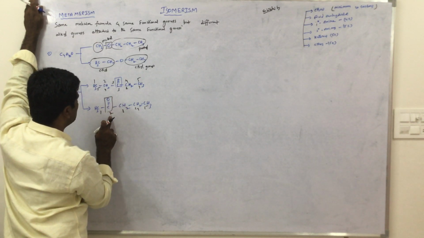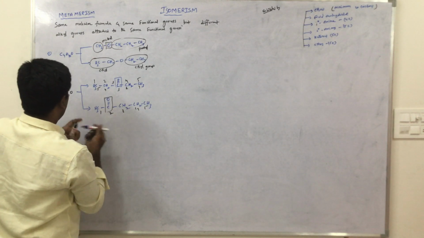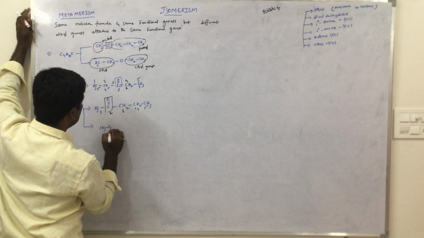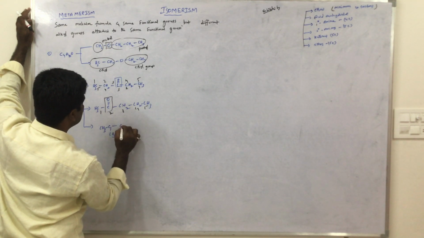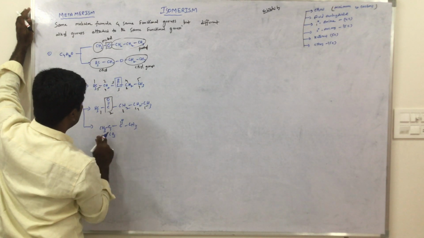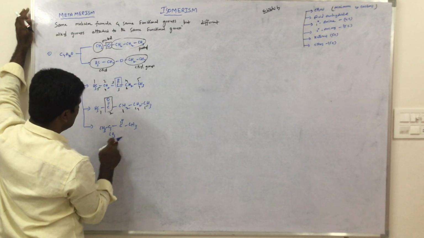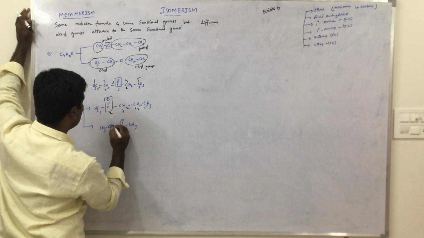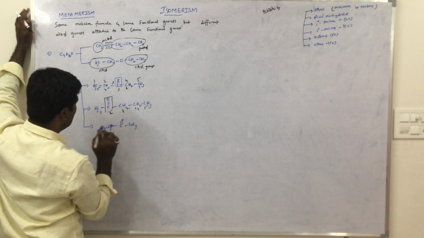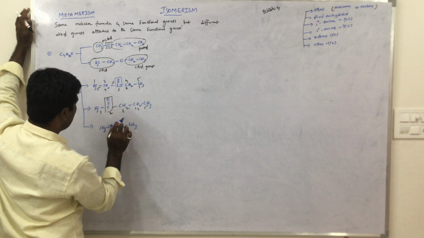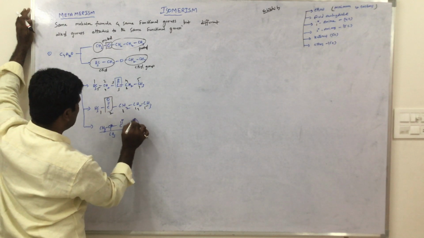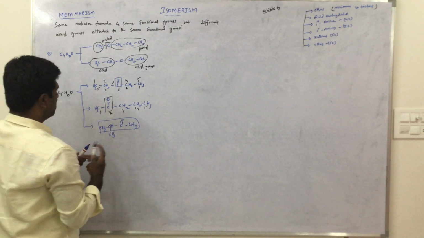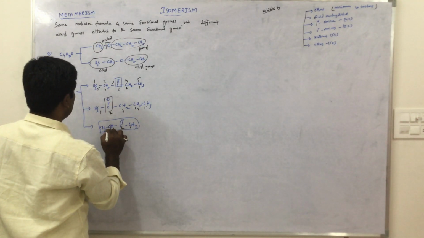I write one more structure: CH3-C(=O)-CH(CH3)-CH3 with 10 hydrogens, 5 carbons and 1 oxygen, numbered 1, 2, 3.